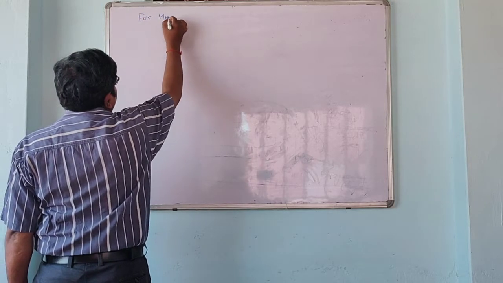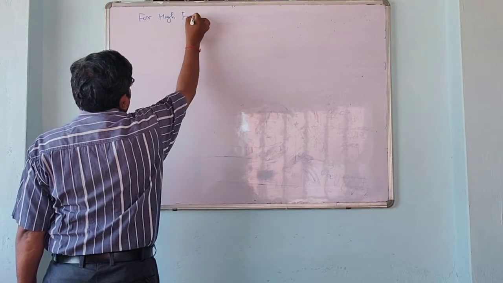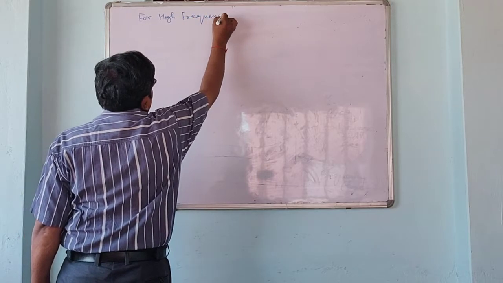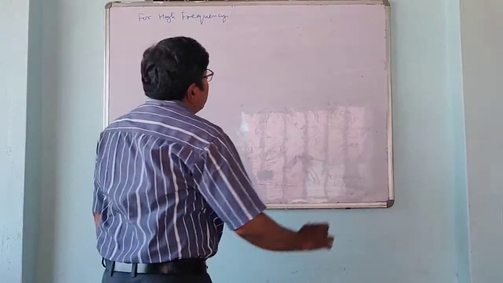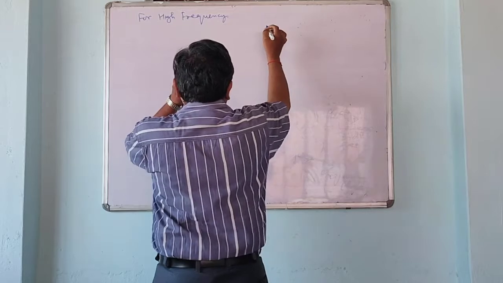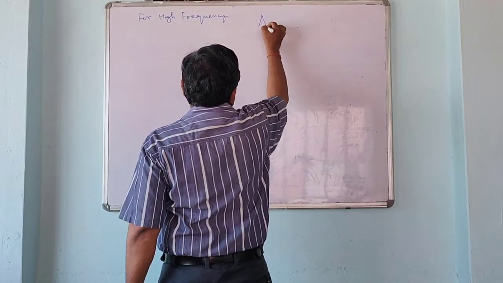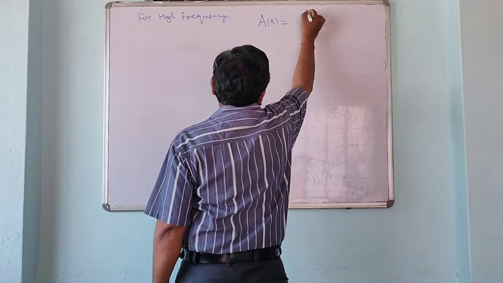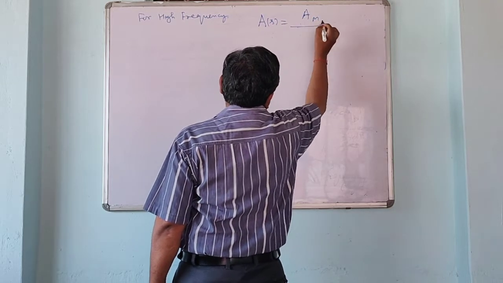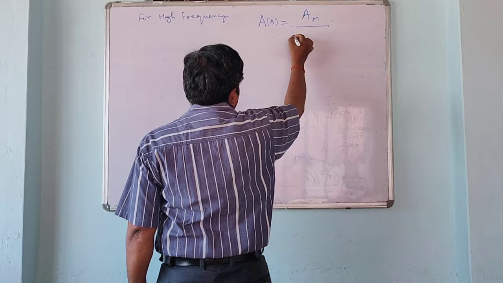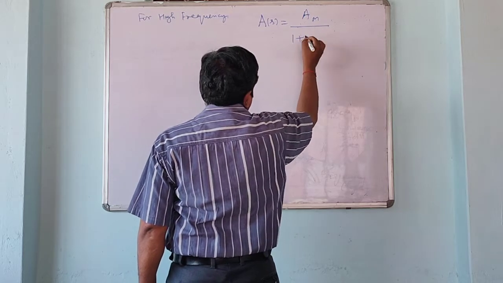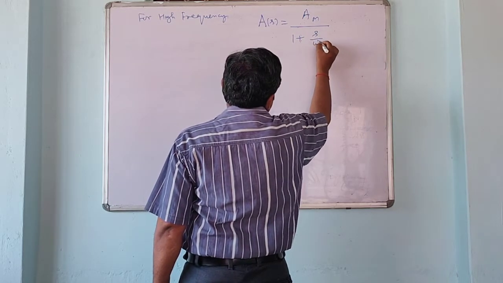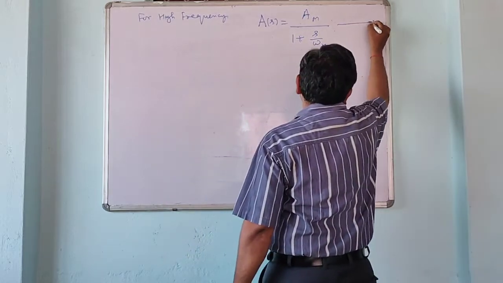For high frequency, gain, which is the function of frequency, is given by A(s) = A_M upon 1 plus s upon omega H. Suppose this is equation 1.